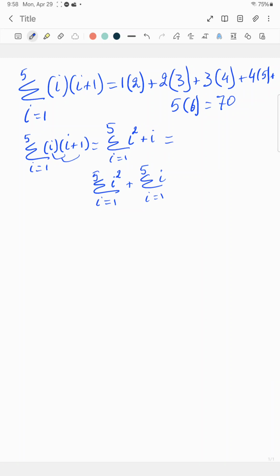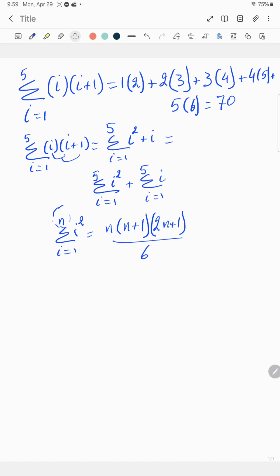The formula says the sum from i equals 1 to n of i squared is n times (n plus 1) times (2n plus 1), divided by 6.